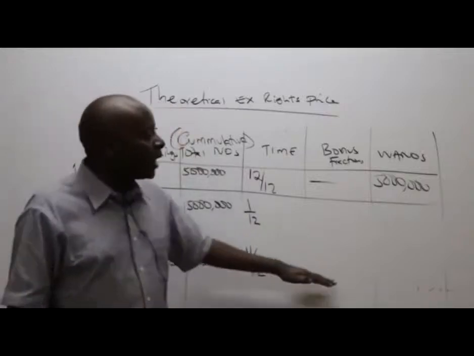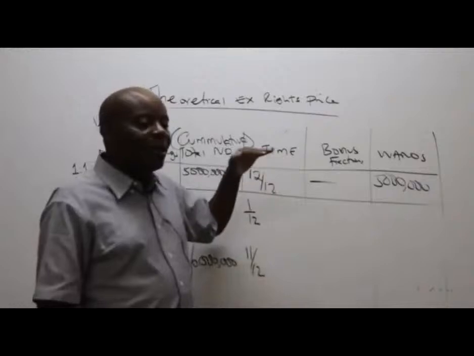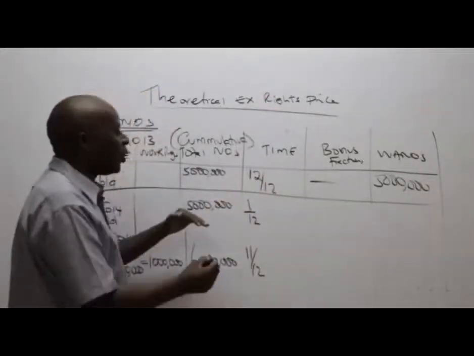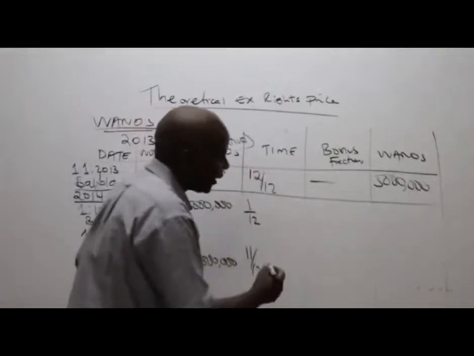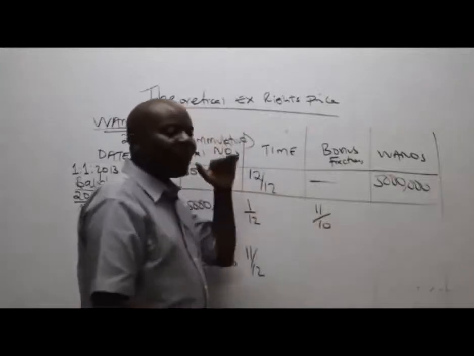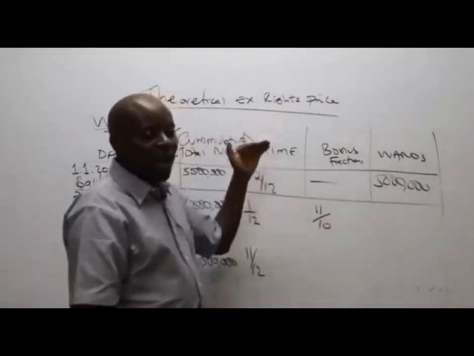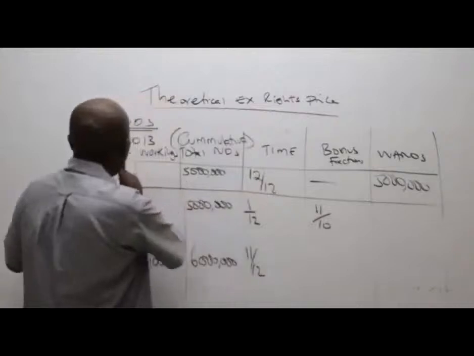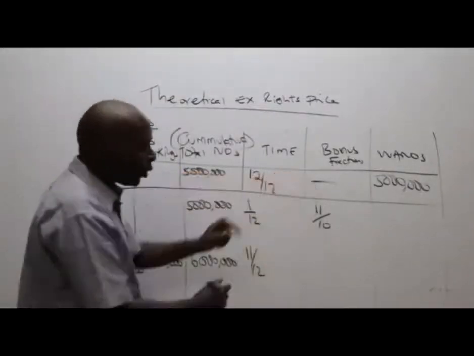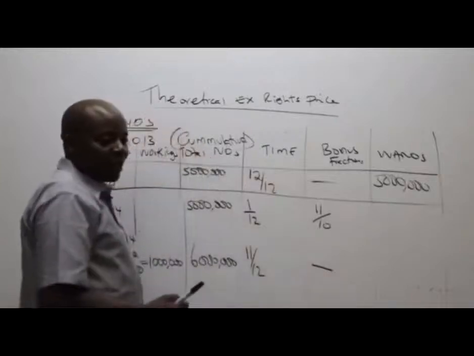We normally make adjustments for the predecessors. And for 2014, it's only one event which is ahead of us. So this 11 over 10 will only be used to adjust the preceding events up there. But not here. Not there.